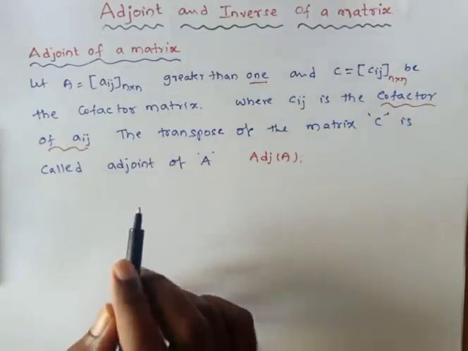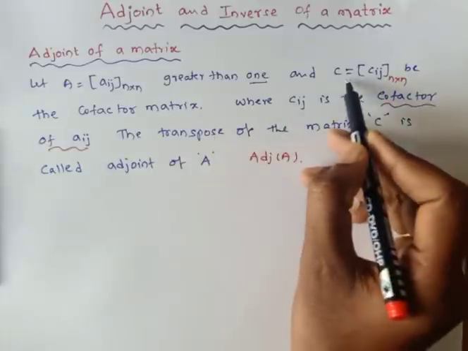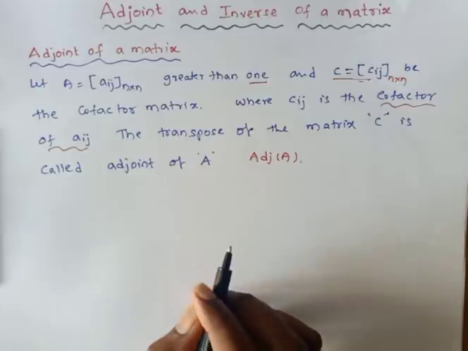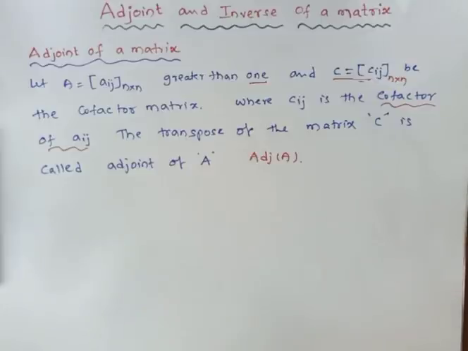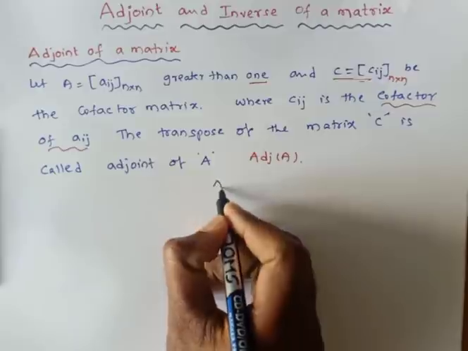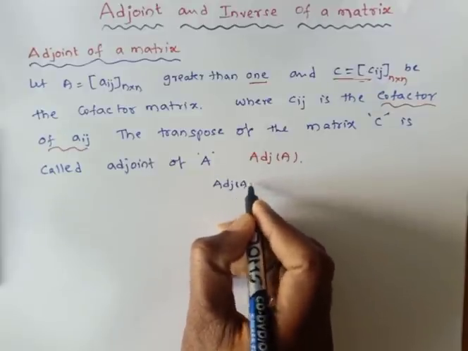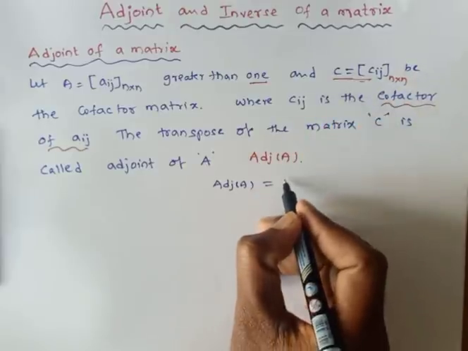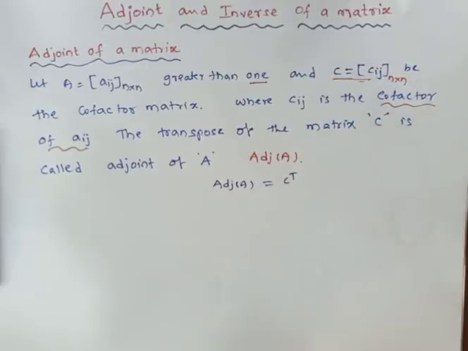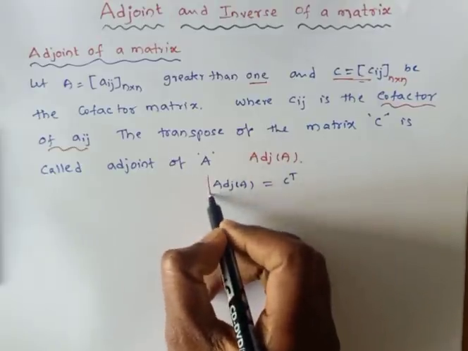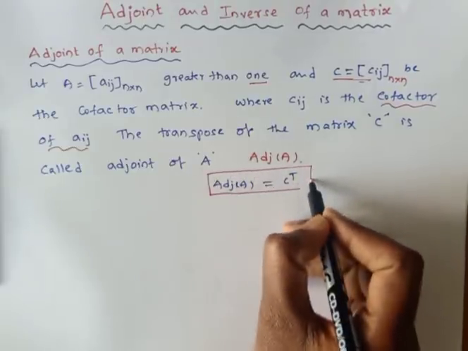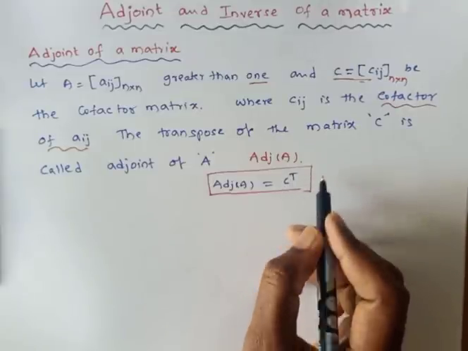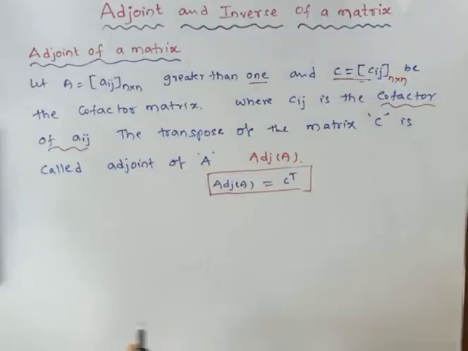Then the transpose of this matrix is called the adjoint of the matrix. Simply, adjoint of A equals the transpose of the cofactor matrix, C transpose.